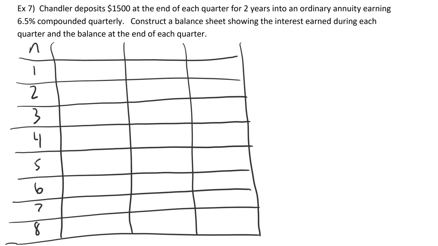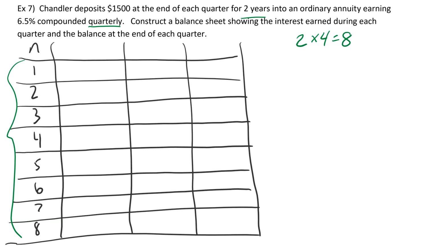Okay, so here's what we're going to need. First off, you're going to need to make a table like the one that I have here. It's going to need 8 rows. And the reason it needs 8 rows is because we're talking about 2 years and it's compounded quarterly, which means there's going to be 8 different periods that we're going to have to calculate.